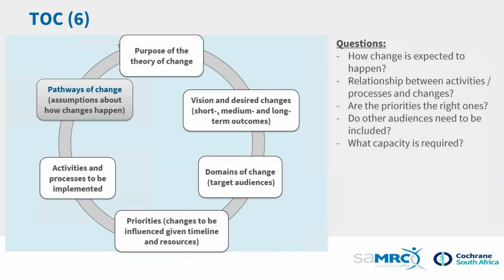And then the last step in developing a KT theory of change is that we need to agree on what our underlying assumptions are about the changes that we desire to see. So how will those changes come about? In other words, what is the relationship between KT activities, processes, and outputs and our desired changes?